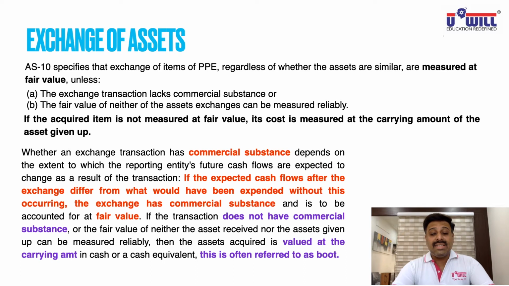See, I'll give you a few examples so that you understand it. How is it possible that the asset given's value is not available and the asset acquired's value is also not available? Okay. Suppose you have a house or a flat or a bungalow or any kind of residential or commercial property in Baroda. Your brother or relative has a similar kind of property in Rajkot.